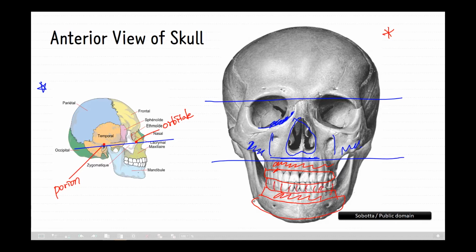The anterior view can be divided into 5 regions: frontal region, zygomatic region, and nasal region, and jaw region, roughly.